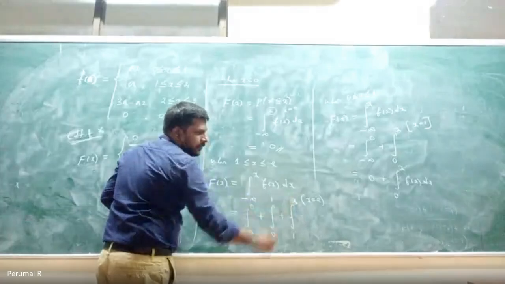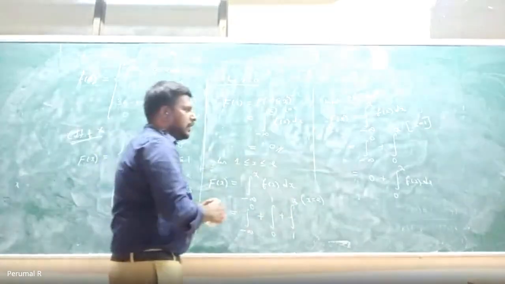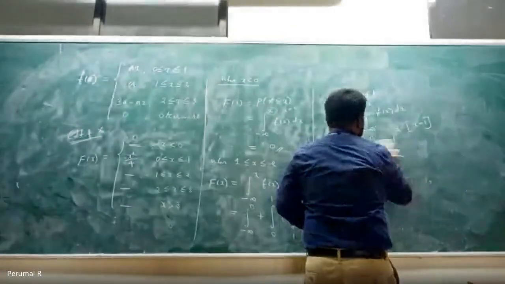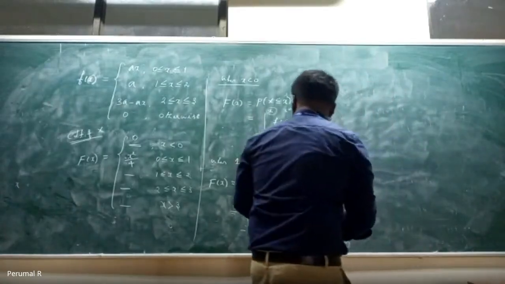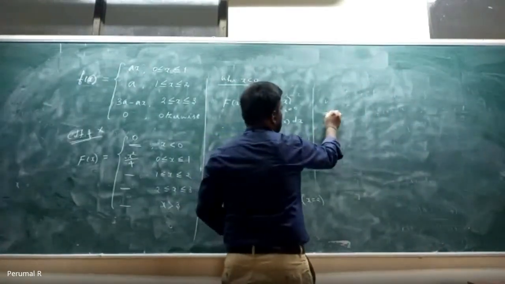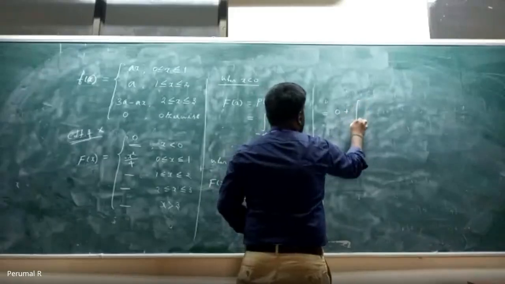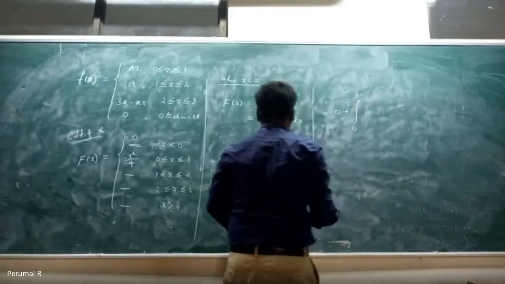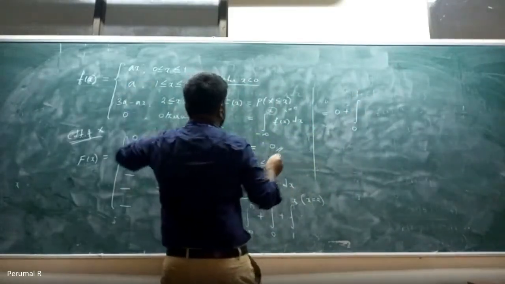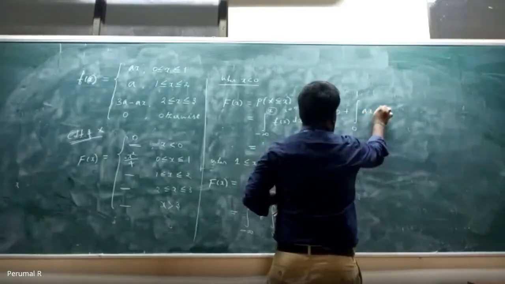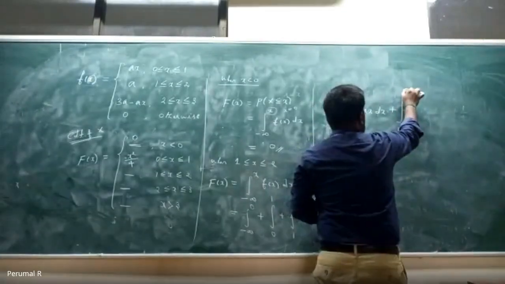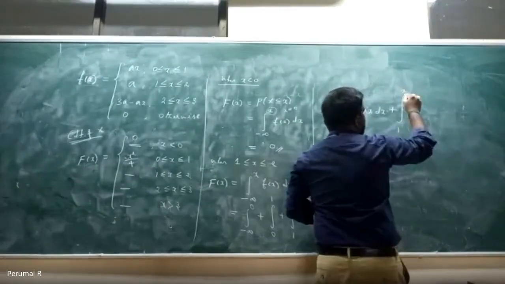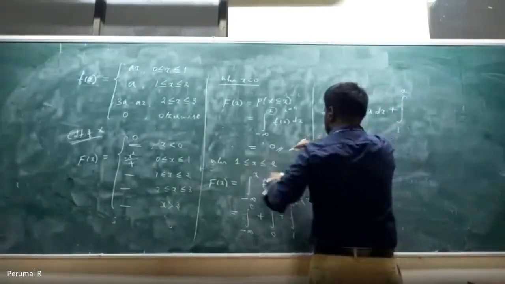Now we can substitute. Minus infinity to 0 is 0, and 0 to 1 the function value is ax, ax dx, and for 1 to 2, x takes the value up to 2.